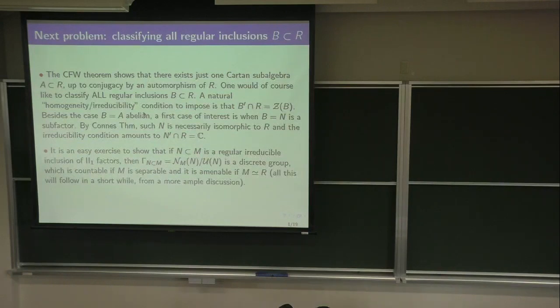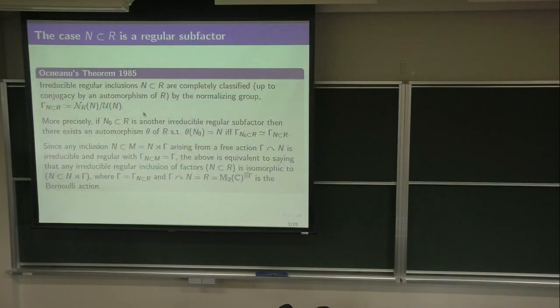It's an observation. And so for regular subfactors, the answer is given by Popa's theorem. So irreducible regular inclusions into R are completely classified by that. Subfactors with trivial relative commutant and regular are completely classified by their normalizing group.